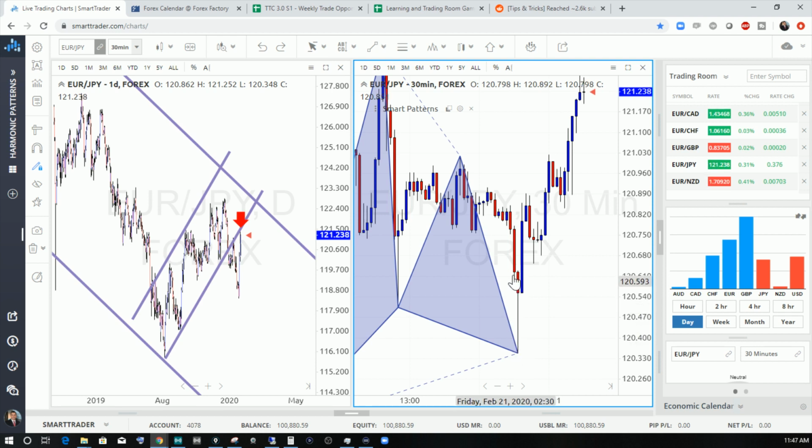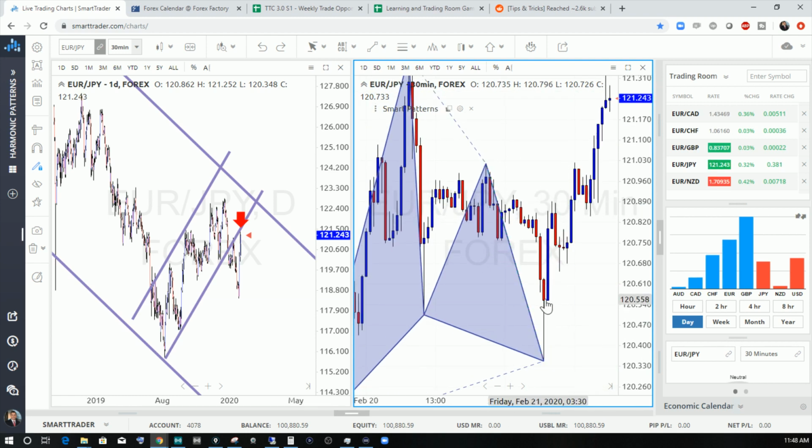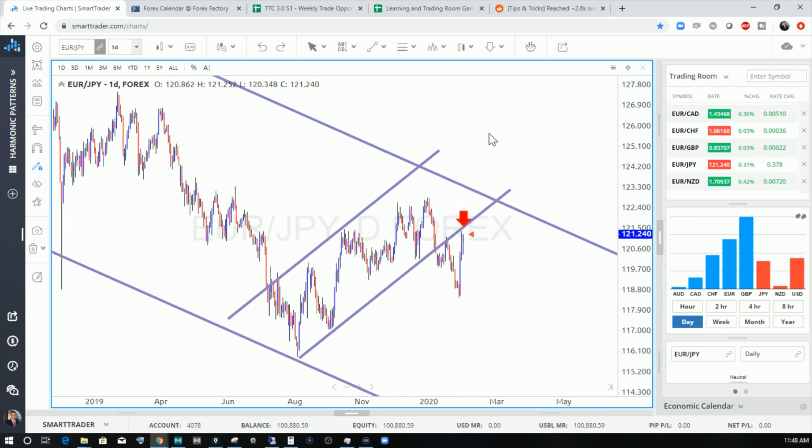A lot of times it's a long wick down here. If you get in based on the rule set, you are going to be in the money by the time that candle closes out. But we'll talk about that again on Monday.